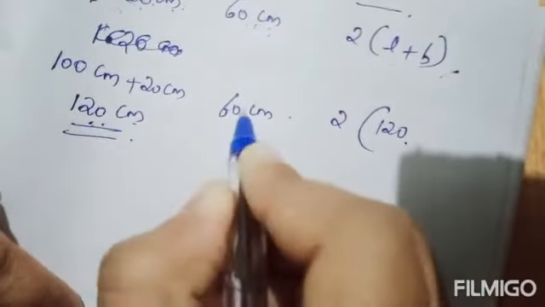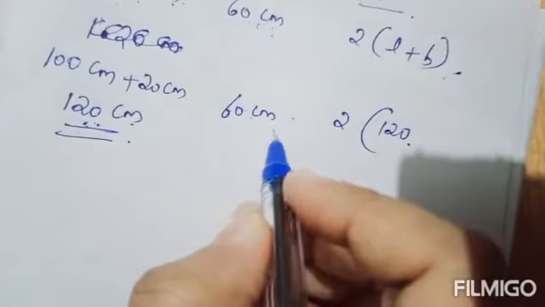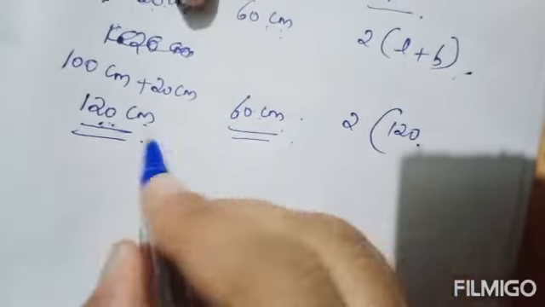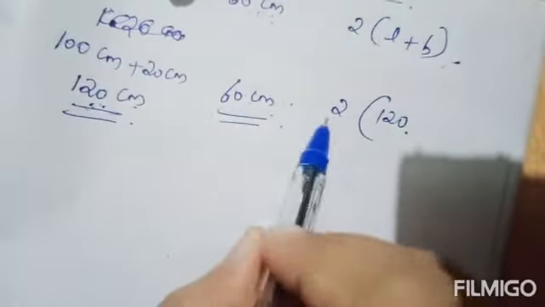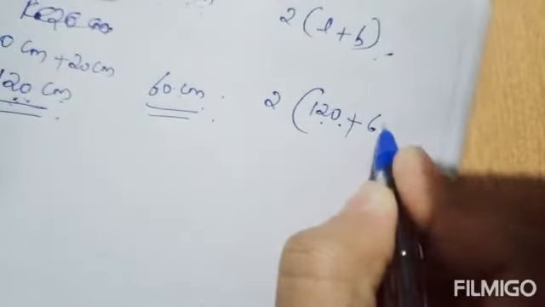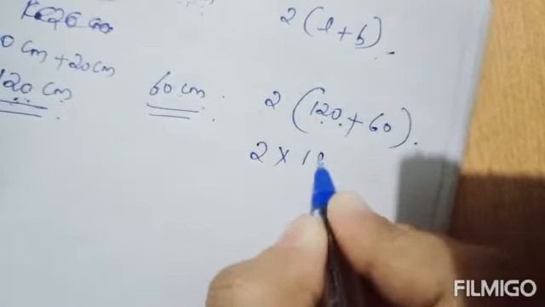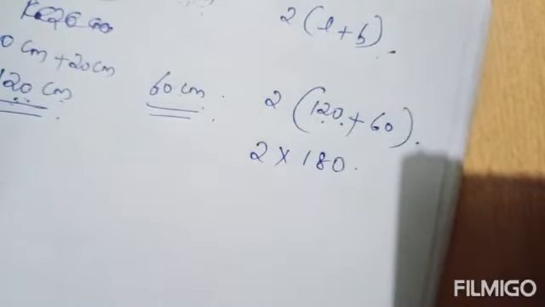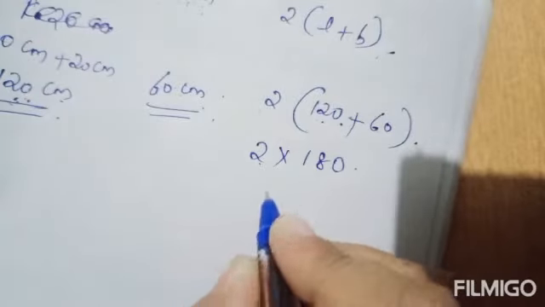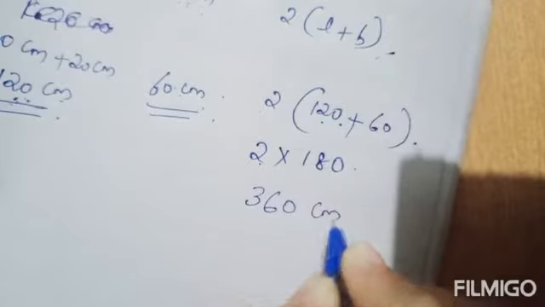Okay, unit should be same. Now the units are same, 120 centimeter, 60 centimeter. So 2 into length it is 120 plus breadth it is 60. Now 2 into 120 plus 60 it is 180. Okay, so 2 into 180 what you will get, it is 360 centimeter.